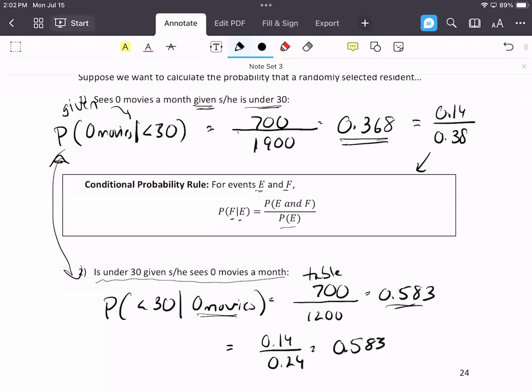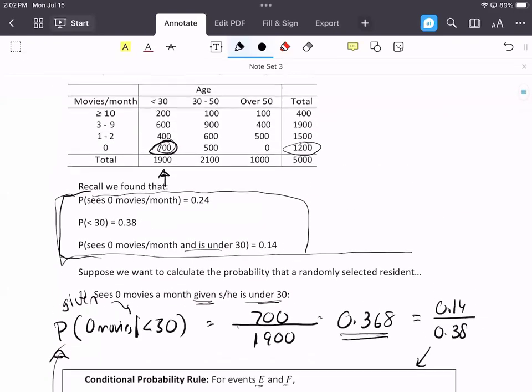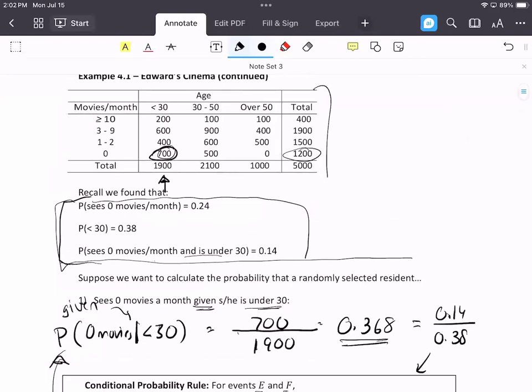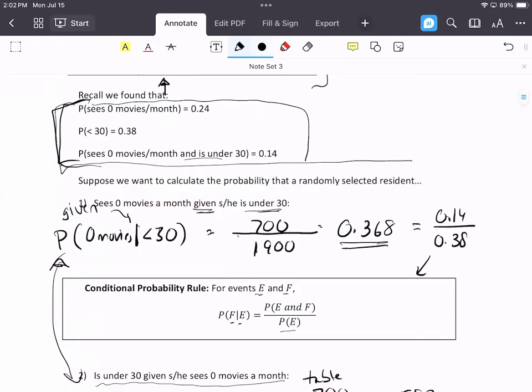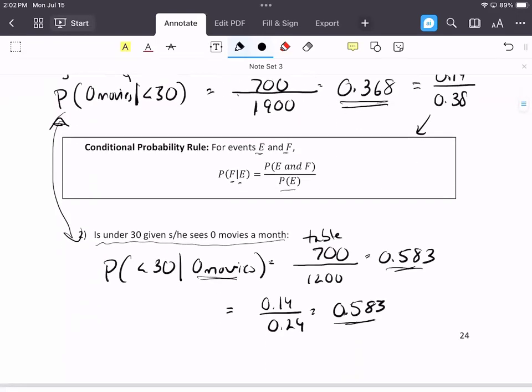Are both ways valid to get to the probability? Yes, they are, but it'll depend on what information you're given. If you're given a table, you don't need to first calculate the probabilities, you can just use the counts. However, if all you're given is probabilities, then you're going to specifically need to use that conditional probability rule to answer the question.